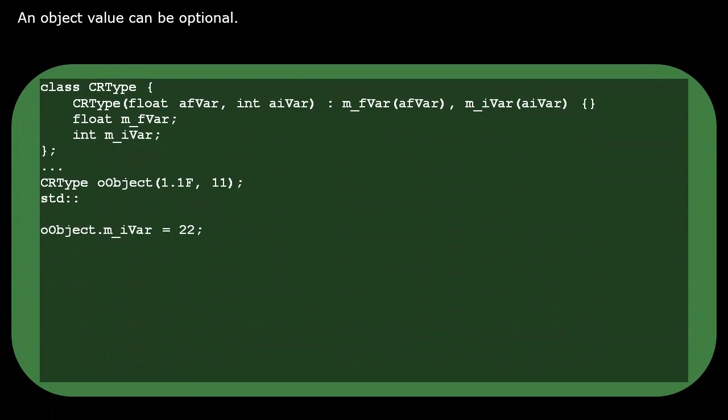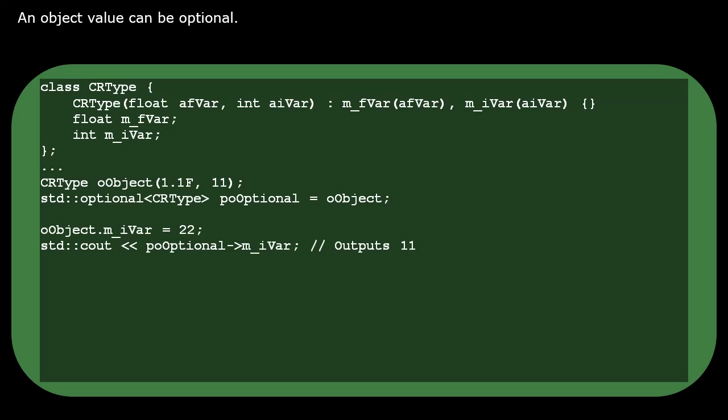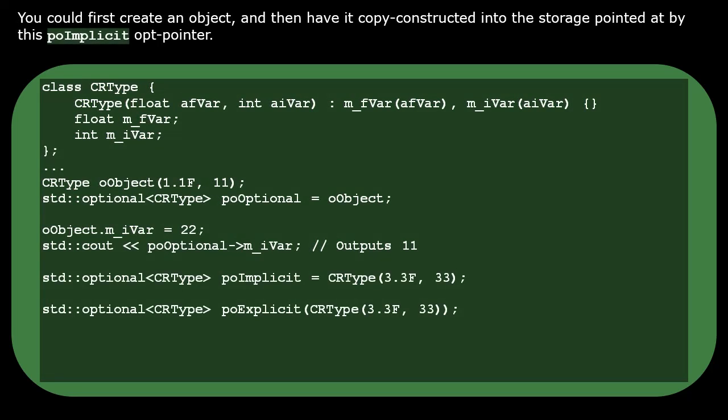An object's value can be optional. You could first create an object and then have it copy constructed into the storage pointed at by the opt pointer.